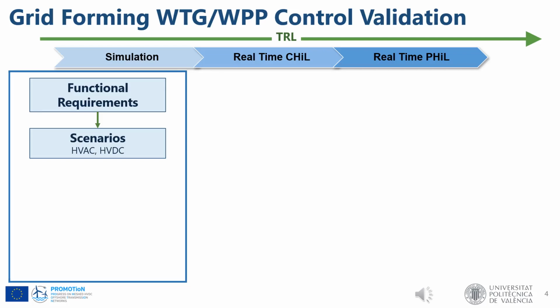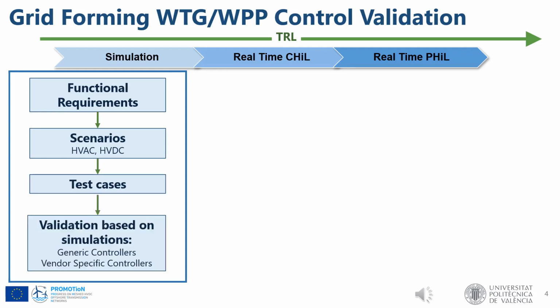We define test cases for checking the functional requirements on each one of the scenarios. And finally, we will validate the different controllers based on those test cases. We're going to validate 2 different kinds of controllers. One is a generic control, and we will also validate black boxes coming from vendor-specific controllers.